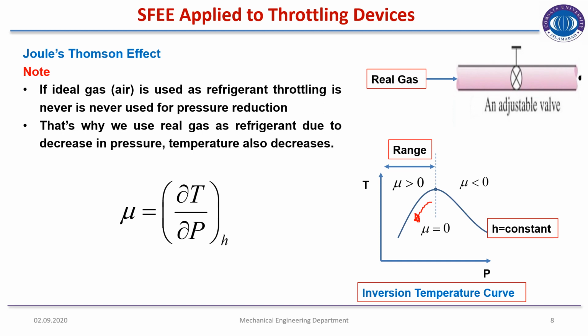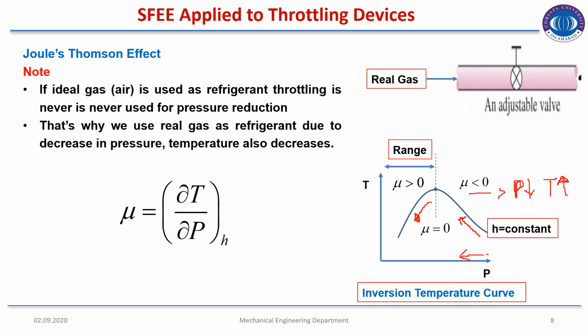If we are decreasing pressure, for mu less than 0, if we are reducing the pressure, the temperature is increasing. We are moving from right to left, decreasing the pressure, and the temperature is increasing.